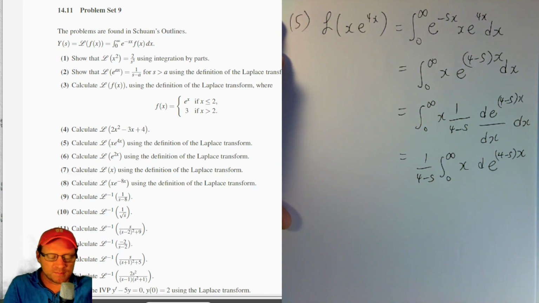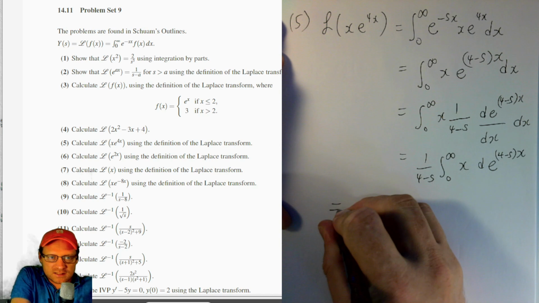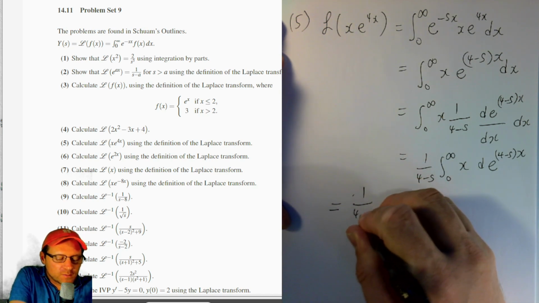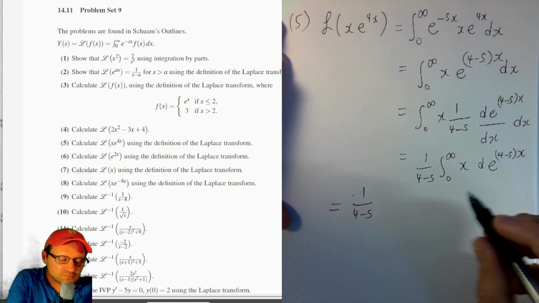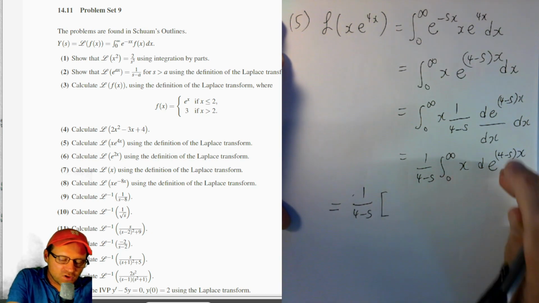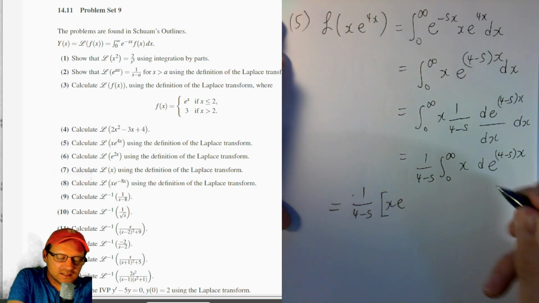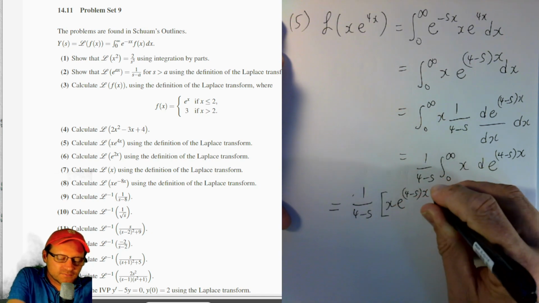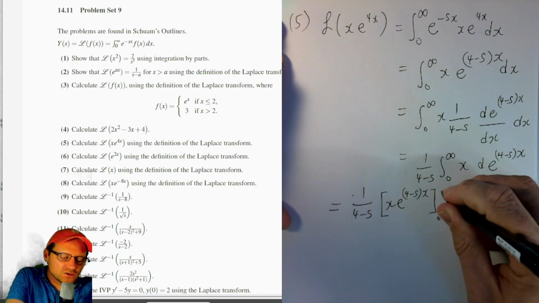Okay, so now that we have this in this very simple looking form, we can use the integration by parts formula. So let's come over here because it's going to take a little bit of space. 1 over 4 minus s, brackets the product of the two of those, x e to the 4 minus s x, 0 to infinity.